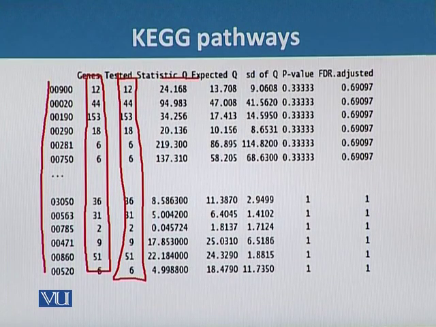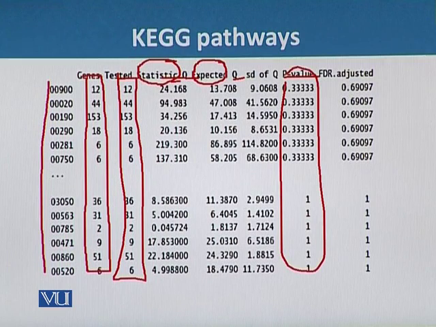So this Q test gives the observed and expected number of genes in each category. So this is the observed and this is the expected Q values in these categories. And next is the P value, and this column reports the raw P values, the raw probability values.